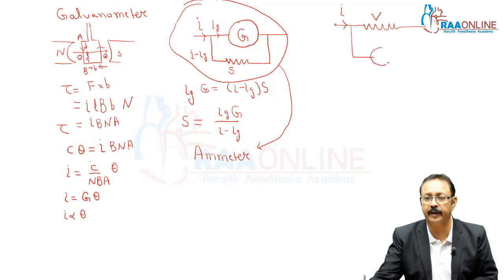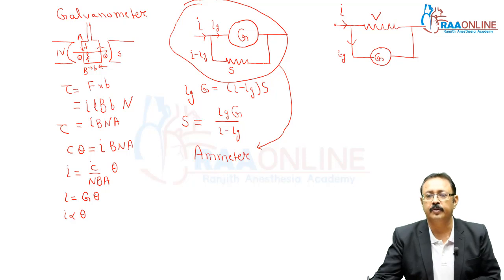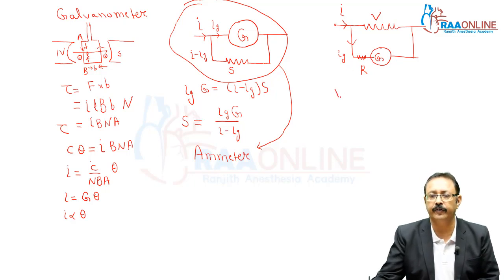It again works with current only, so we need some current for deflection. It should be minimum so that we can get the actual voltage here. So we allow only the current which is sufficient for full scale deflection. To block the rest of the current, we put a high resistance in series with this G. Now these two together are in parallel with this, so the potential difference across these two should be equal to V. So what we are getting is V equals Ig into (R plus G).